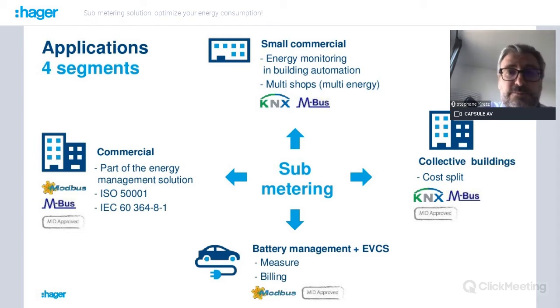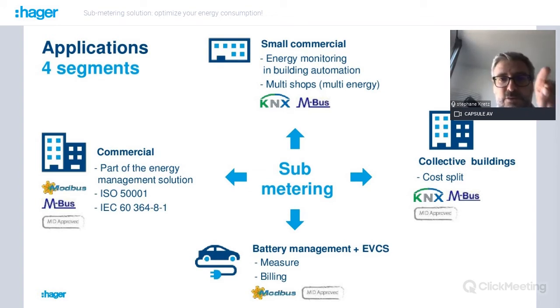Also an application that we see more and more is multi-shops for multi-energy. I'm a big chain, or big or small, McDonald's, a supermarket chain. I have many shops or restaurants around the country or worldwide. But I want to compare the energy consumption from one shop to the other, because I can learn from this.